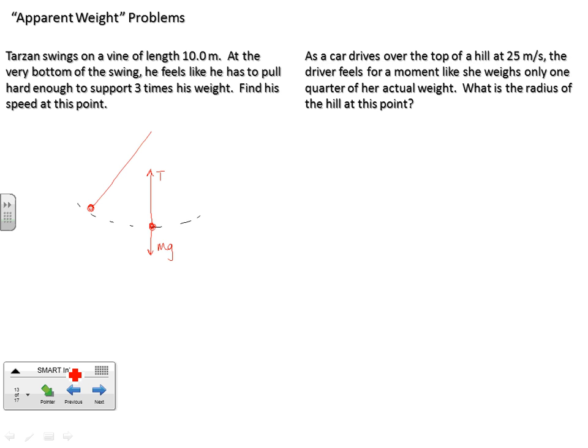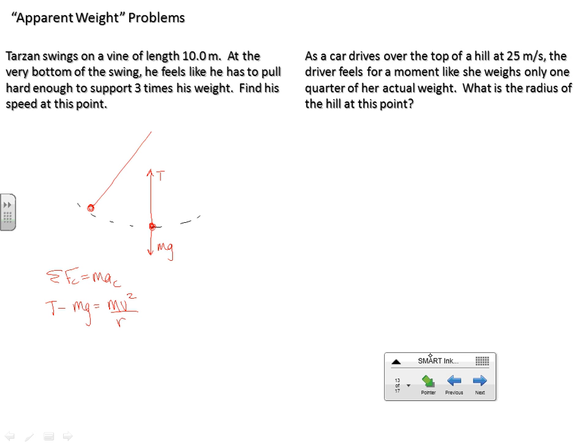Okay, and net Fc equals mac, or T minus mg equals mv squared over r. Now notice, no matter what the question asks, I'm going to draw a free body diagram, do my net force in the centripetal direction statement, and then we can see what the question asks.